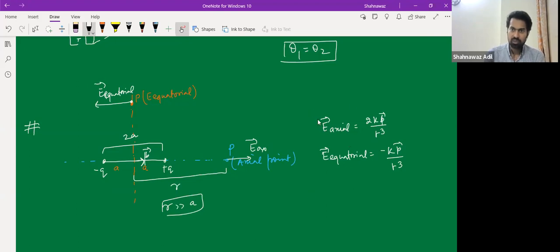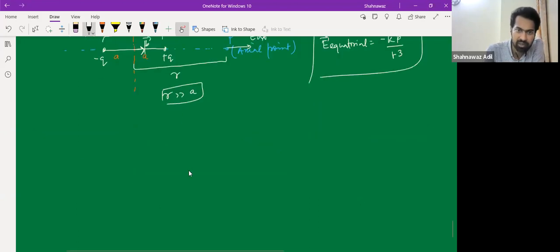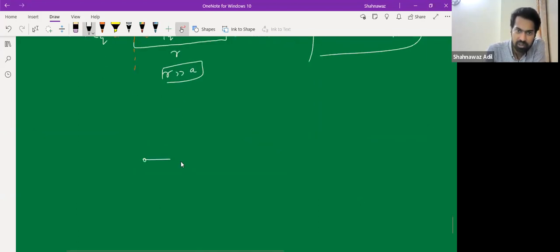So if I draw only the diagram of the electric field, this is the dipole moment, this is the axial, and this is the equatorial.